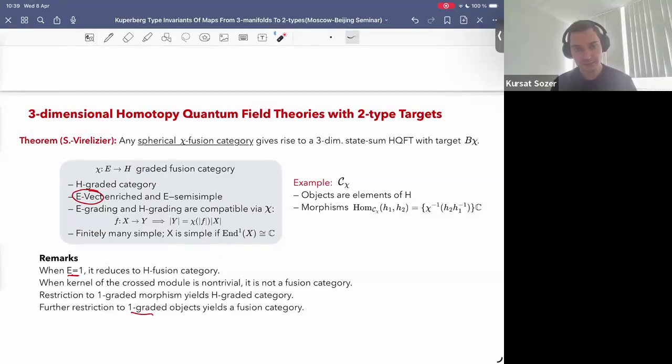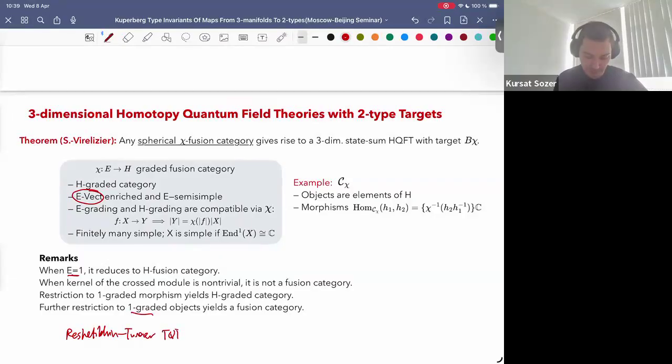And in terms of knots, our next project is like there is the Reshetikhin-Turaev TQFT or surgery TQFT, and they associate invariants of three-manifolds, but also invariants of three-manifolds with a knot inside.